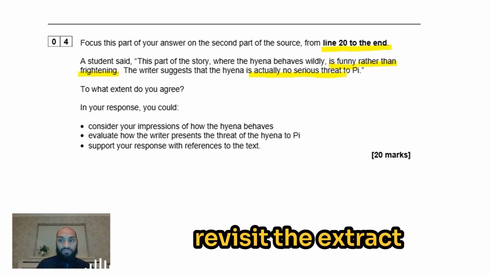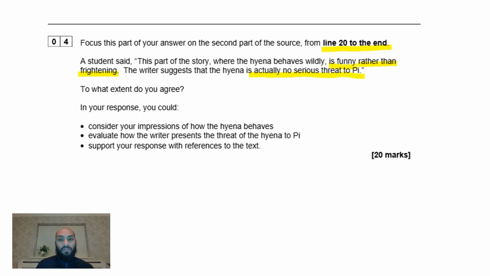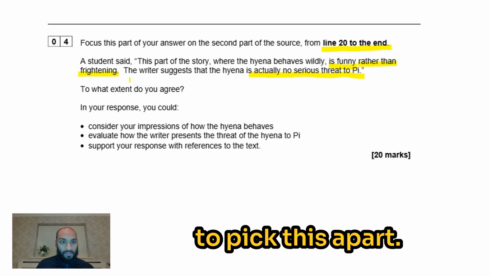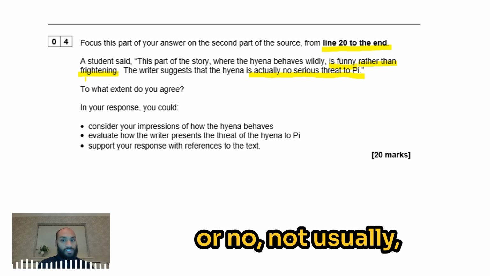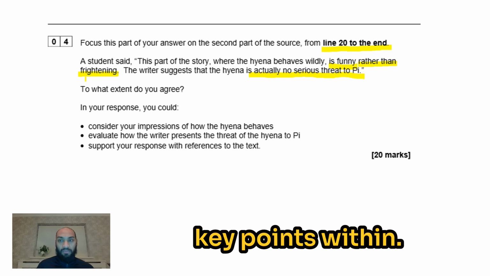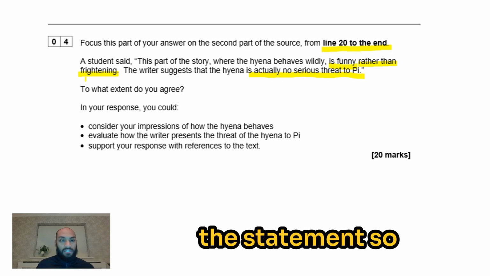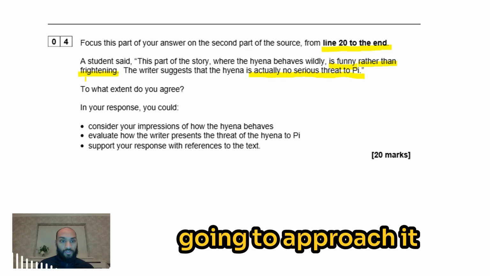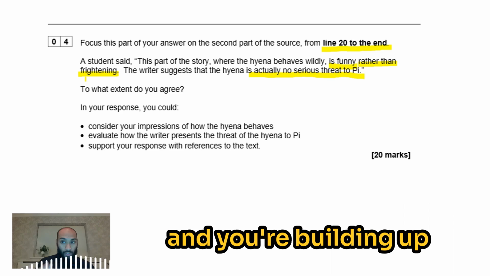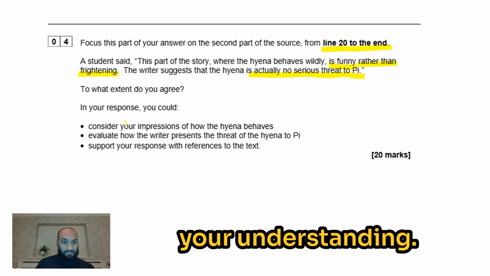And again, I have to revisit the extract to pick this apart. It's always important to highlight the key points within the statement so that you've got that guideline of how you're going to approach it and you're building up your understanding.